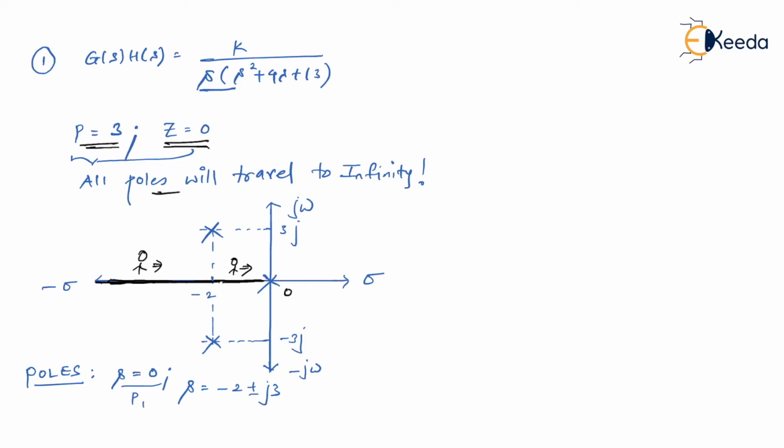So all the poles will travel to infinity, meaning that if I assume, let's say this is p1, let's say this is p2, and let's say this is pole number 3, so I can clearly see my pole number 3 is traveling to infinity. If you remember, even though the poles are moving towards infinity, they need a specific direction.